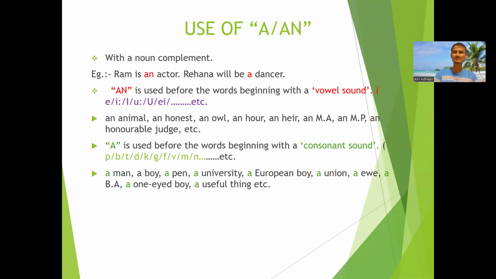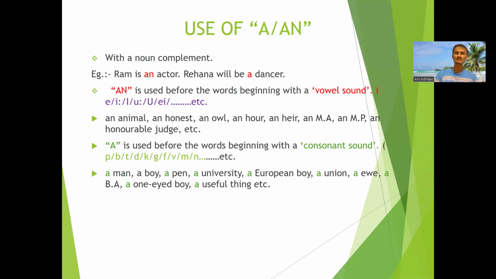Then university, a European boy, a union, a EU. Sometimes such types of questions will come in your examination. And not only in examinations, from a practical point of view, in our daily life, while communicating with our colleagues and friends, we should use correct grammar.